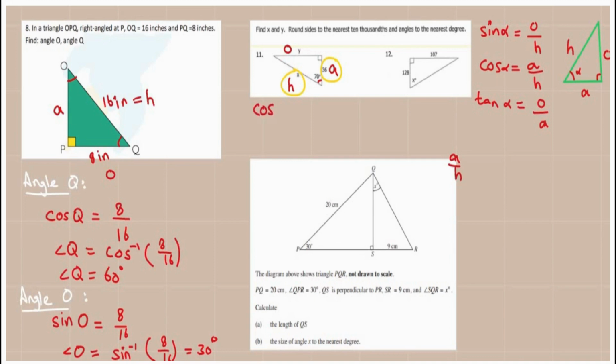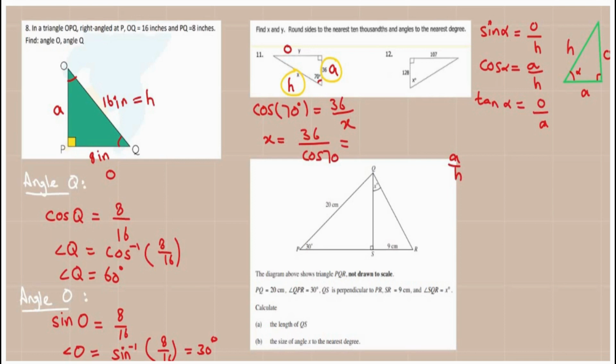So cos of 70 degrees, because the concerned angle is 70, will be equal to adjacent, which is 36, divided by hypotenuse, which is x. Be careful with this. Let's rearrange the whole expression for x. X will be equal to 36 over cos of 70 degrees.